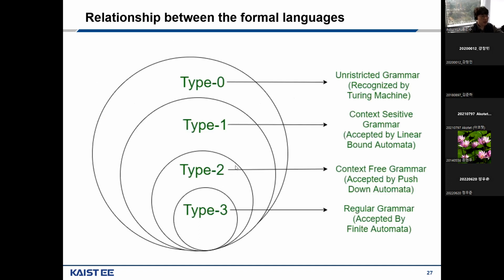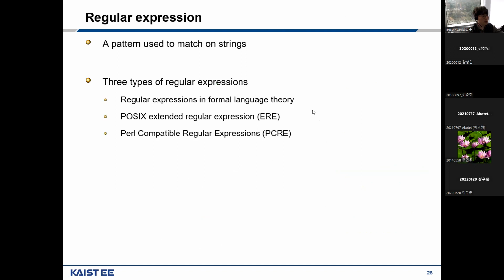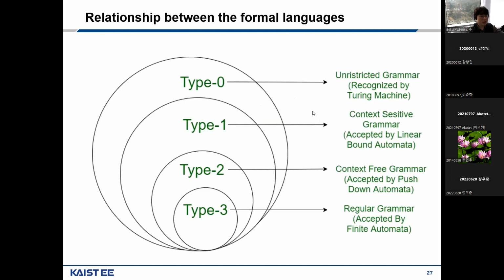So I talked about the regular expression in formal languages. There are a lot of languages in formal language theory. We have the regular expression, which is included here. We have another one, the context-free grammar, and another, the context-sensitive grammar.